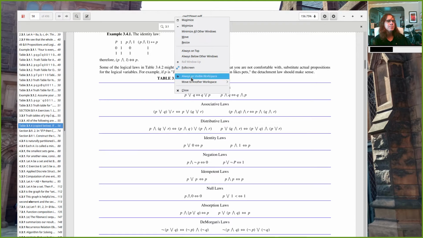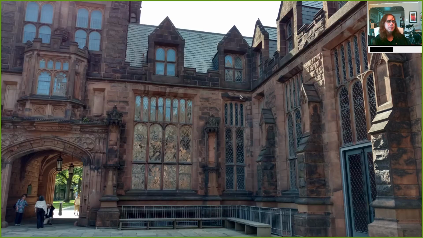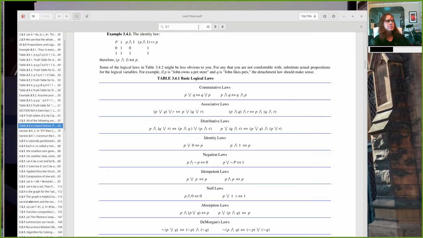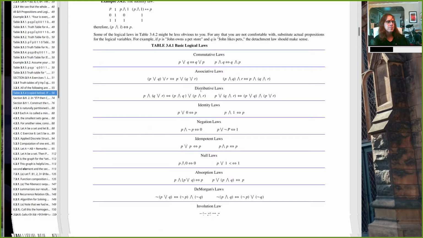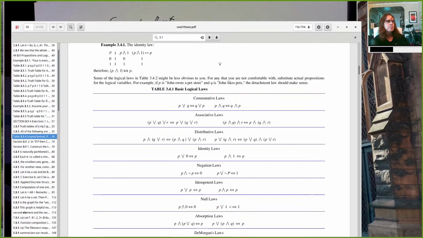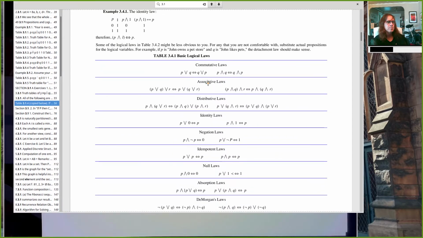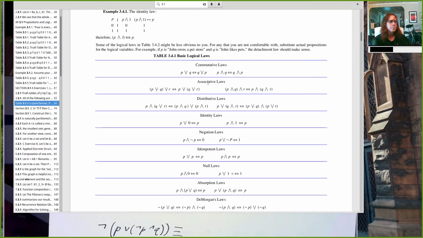So let me do this. All right, so I'm trying to rewrite this expression using one of these rules. So what one of these rules might apply to this expression to let me rewrite it in a possibly simpler form, or at least a form that I can do something else with?